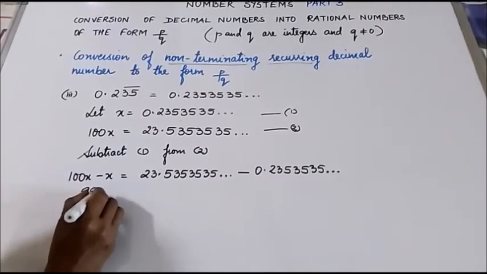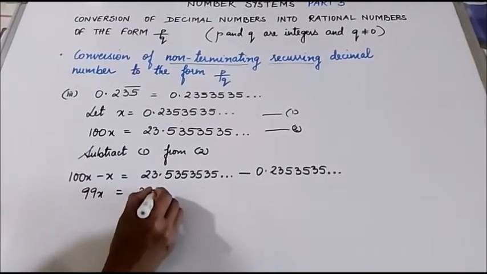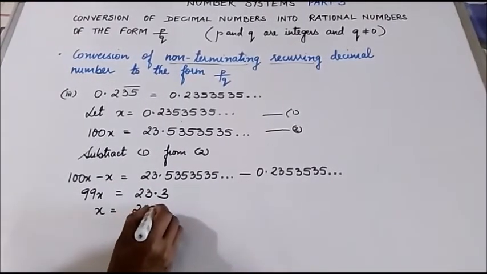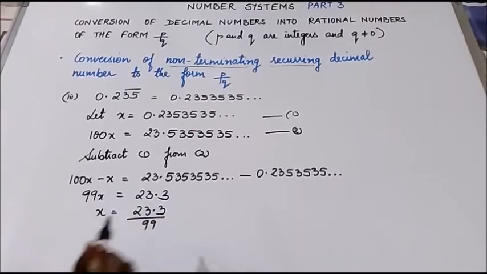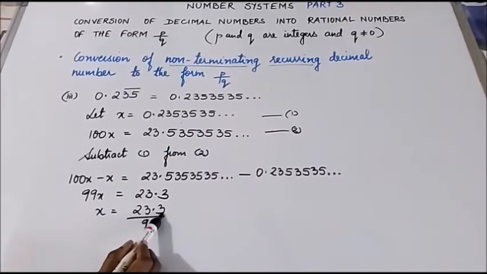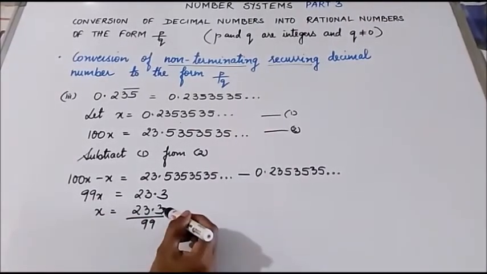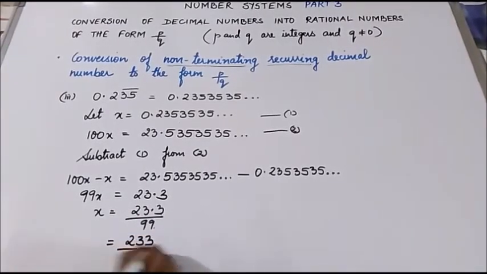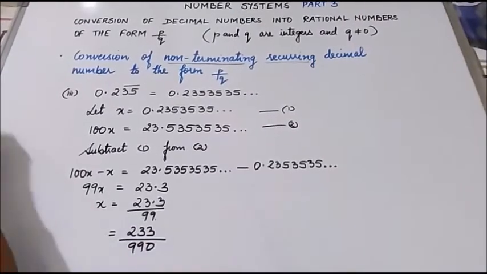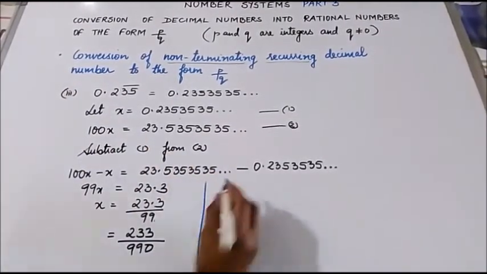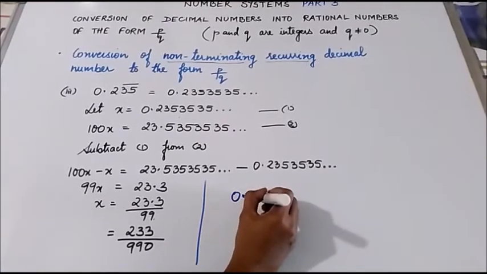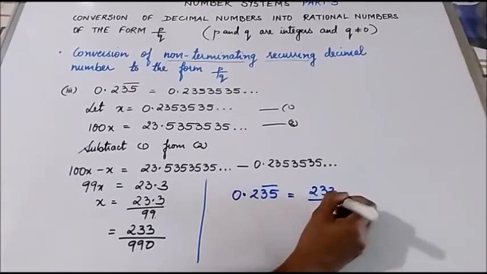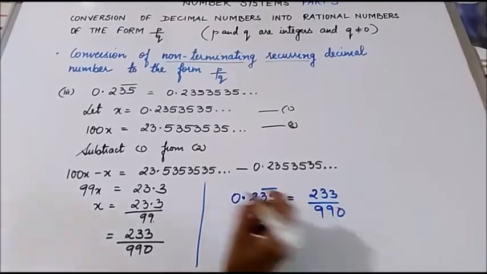You will get 99x equal to 23.3, x equal to 23.3 divided by 99. Now here we can see 23.3 is not an integer, so we will multiply the numerator and the denominator by 10. We get 233 divided by 990. That is, the given number can be written in the form p by q, where p is 233 and q is 990.